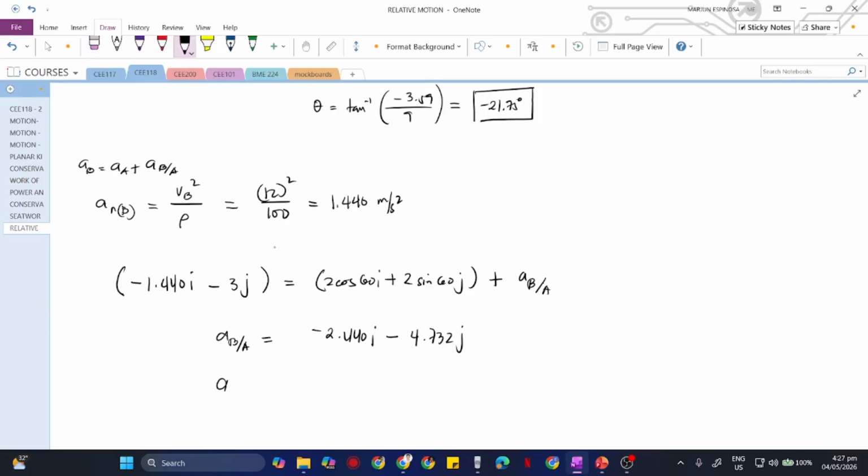Then if you get the magnitude, take the square root of everything, you would get 5.32 meters per second squared.